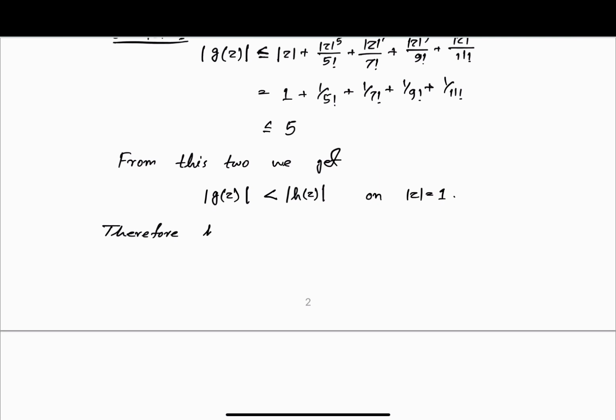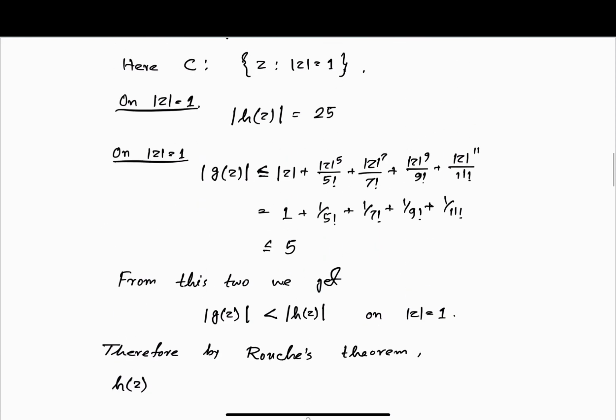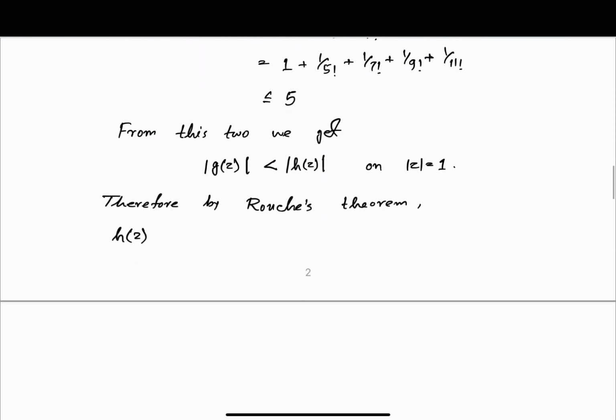Therefore, by Rouché's theorem, h(z) and g(z) plus h(z) — what is g(z) plus h(z)? It is f(z), right? So by Rouché's theorem, h(z) and f(z) have the same number of zeros, counting multiplicity, right?